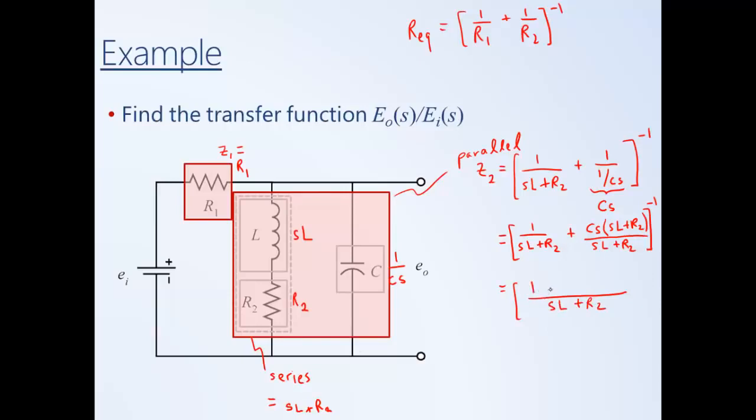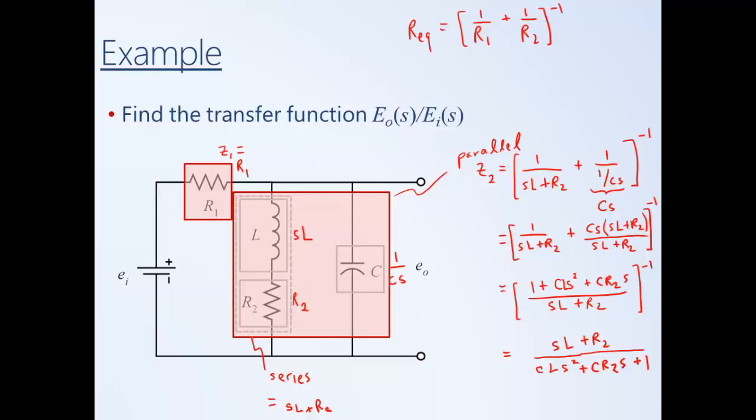The numerator is 1 plus, if I go ahead and distribute, CLs squared plus C R2 s. And then if I invert that, I get that Z2 is equal to sL plus R2 divided by CL s squared plus C R2 s plus 1.